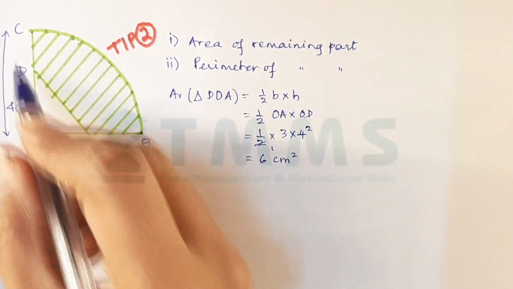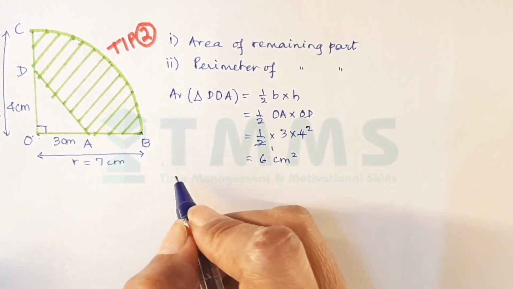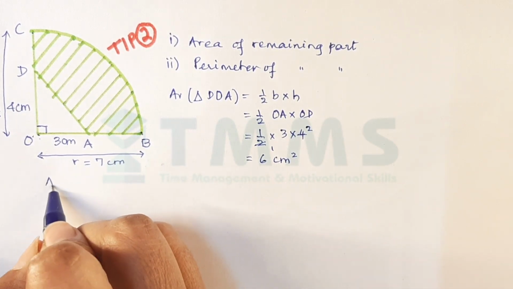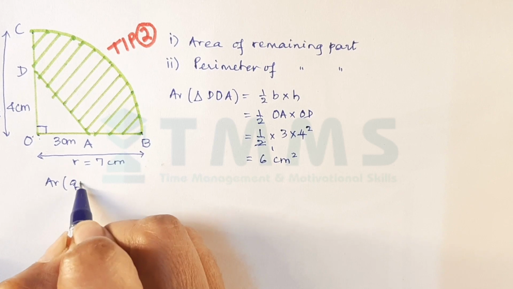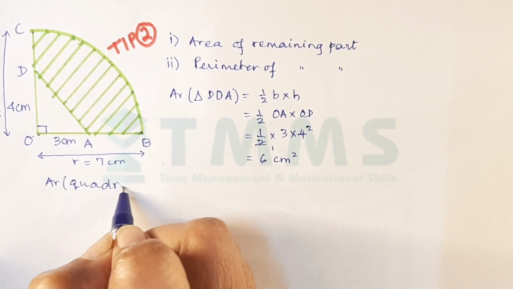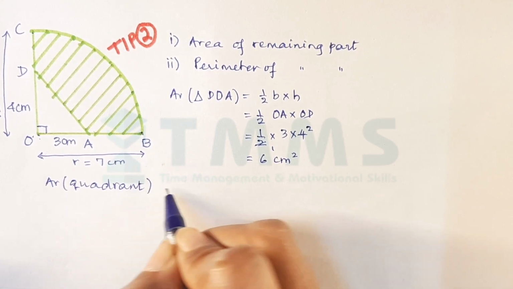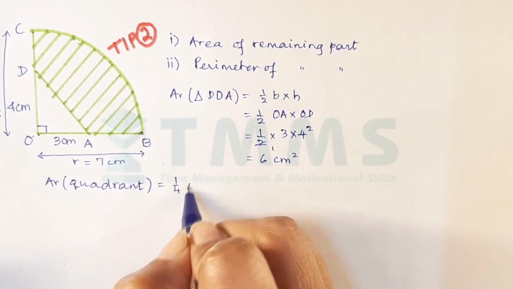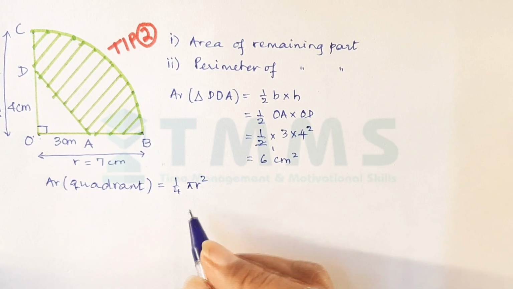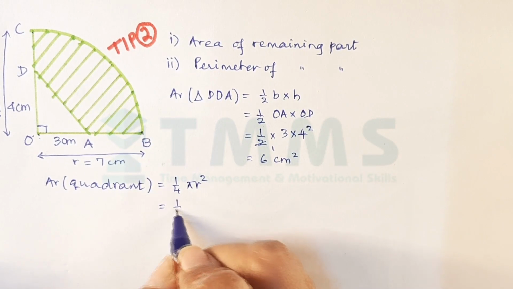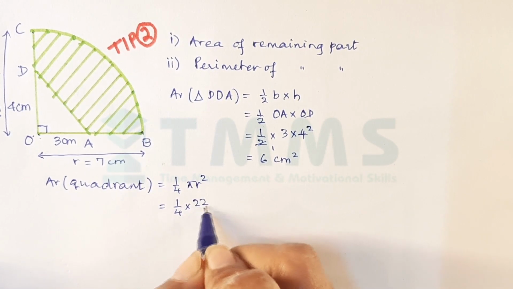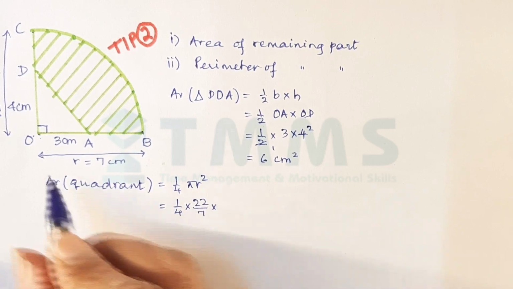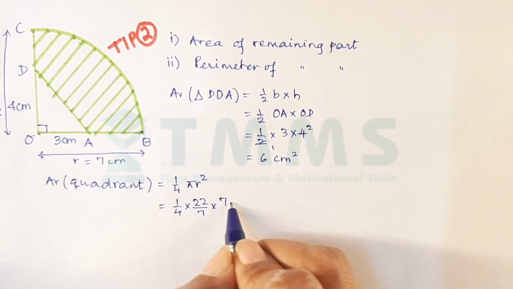Now, area of the quadrant. What is our formula for area of quadrant? Let us write it here. Area of quadrant. What does a quadrant mean? Isn't it the quarter circle? So it is going to be 1/4 pi r square. Shall we substitute? 1/4 multiplied by 22 upon 7 multiplied by how much is our radius?